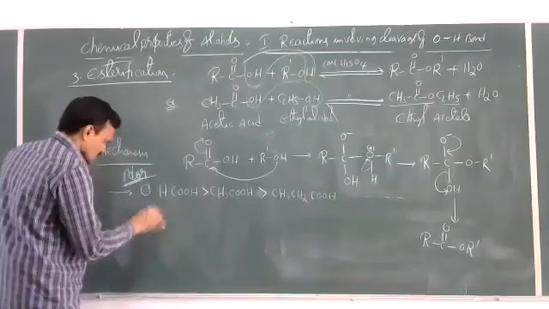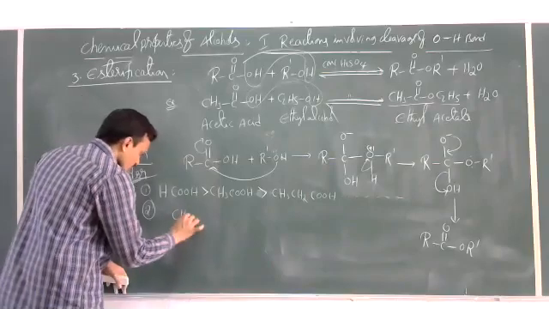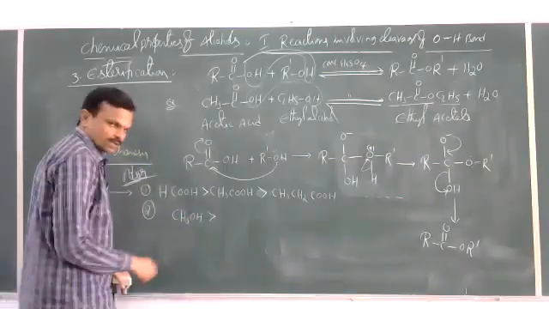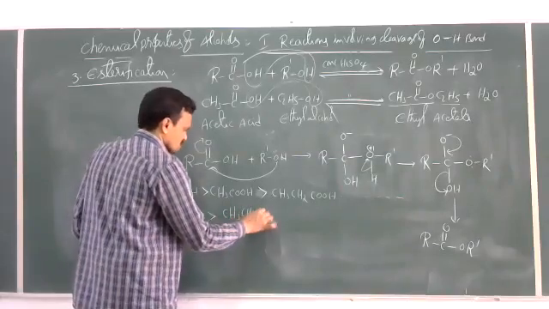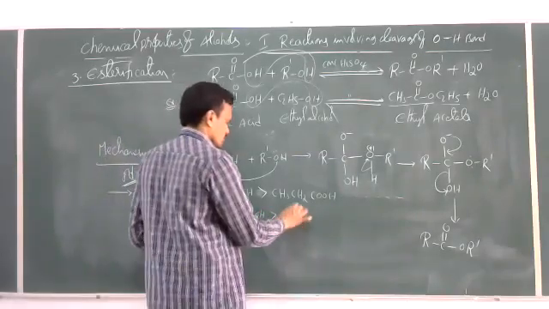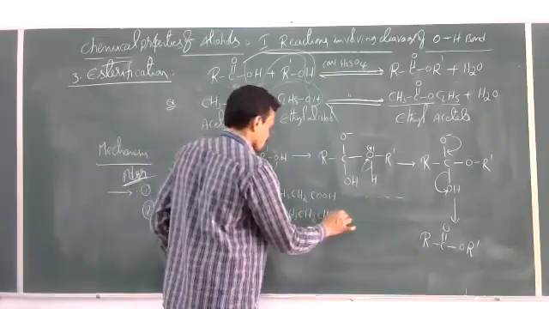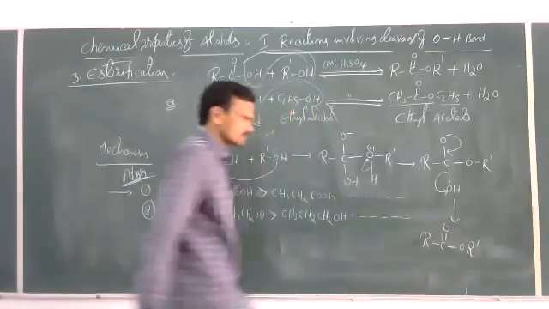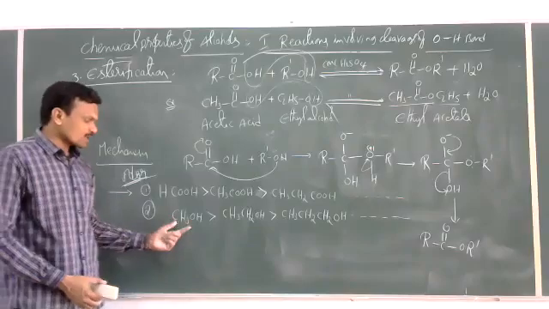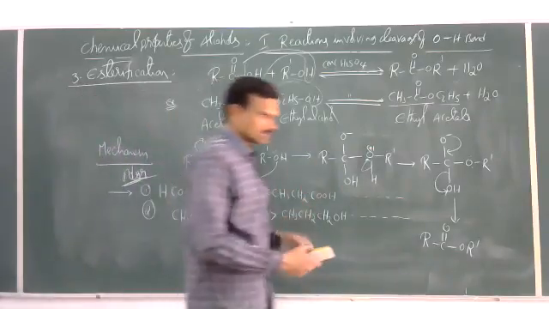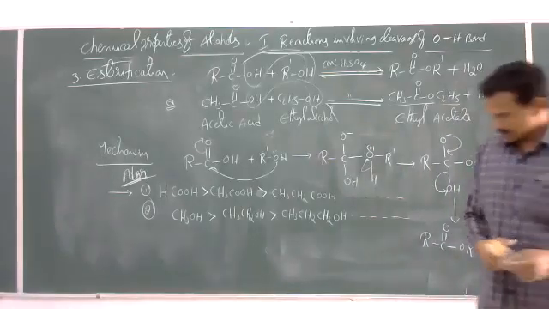Similarly, the order of reactivity for alcohols is CH3OH greater than CH3CH2OH greater than CH3CH2CH2OH and so on. And here also, as the number of carbon atoms in the alcohol increases, the rate of esterification decreases.